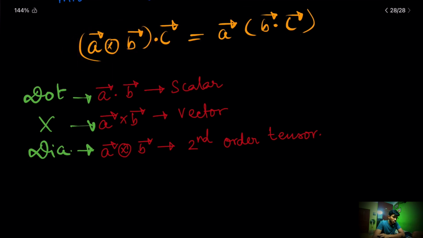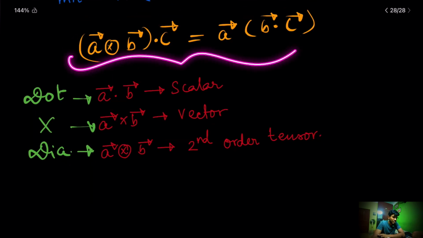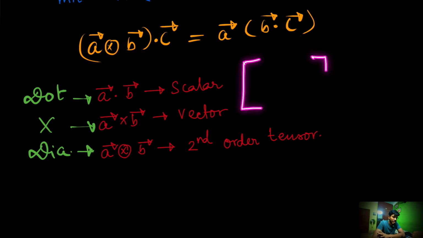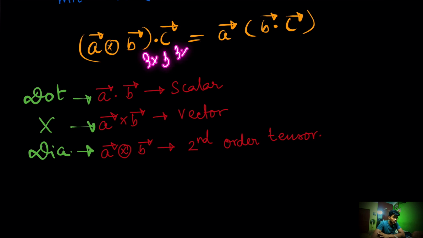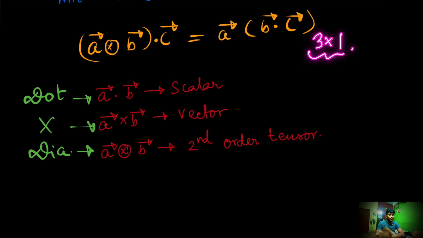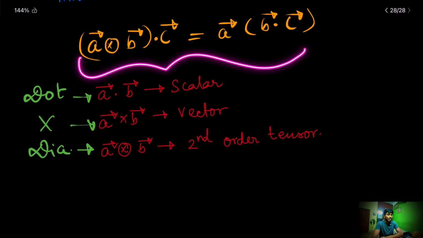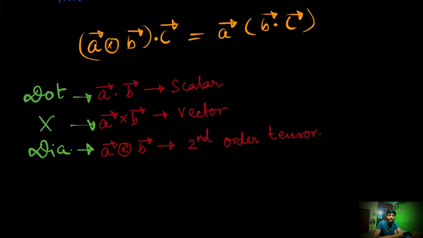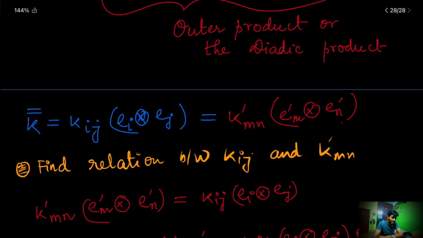Okay, and you can verify this by a matrix. If you take a second order tensor, that is a 3 cross 3 matrix, and taking a dot product is taking the transpose, so 3 cross 3 times 3 cross 1, ultimately this will be a 3 cross 1, and that is a vector. You can always check this by a matrix representation. Always remember, taking a dot product means you have to multiply in column vector form.